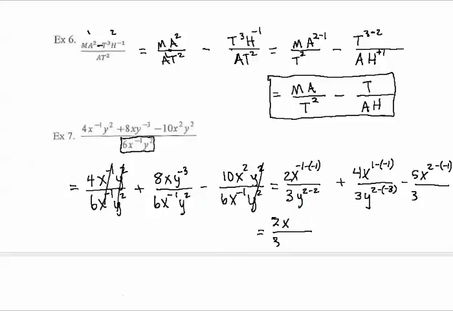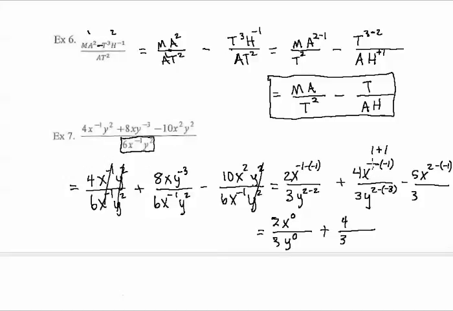So this is x to the 0 power. On the bottom we have 2 minus 2, which is also 0. So this is y to the 0 power on the bottom. For the second fraction, we have 4 over 3, and then x to the 1 minus a negative is plus 1.